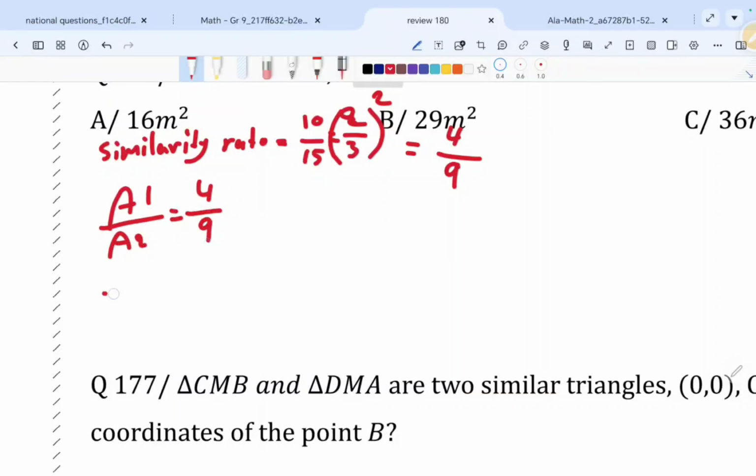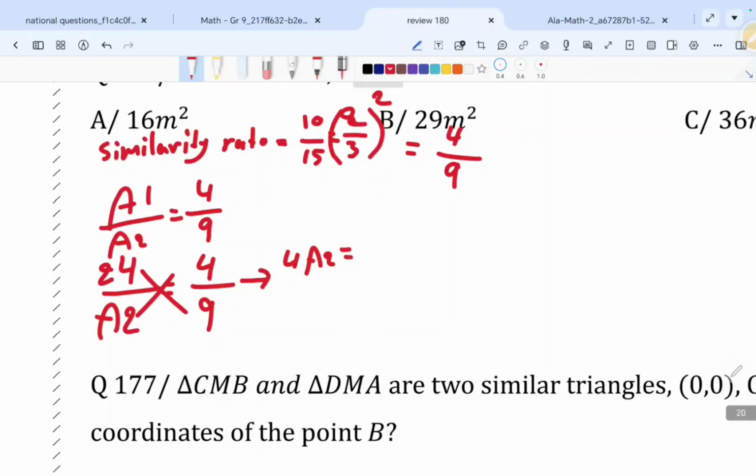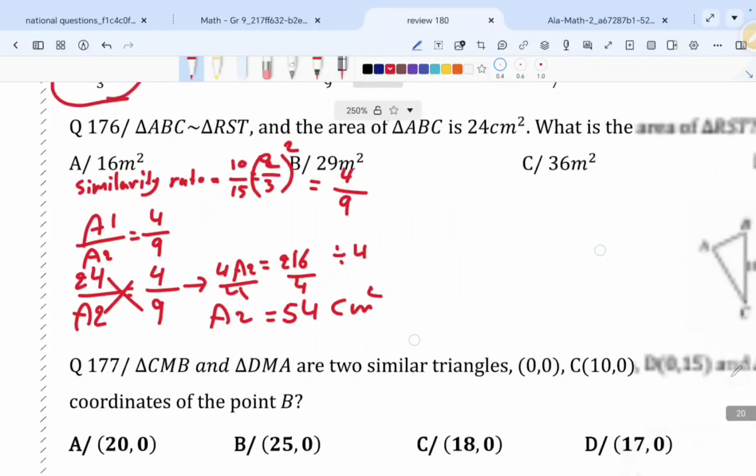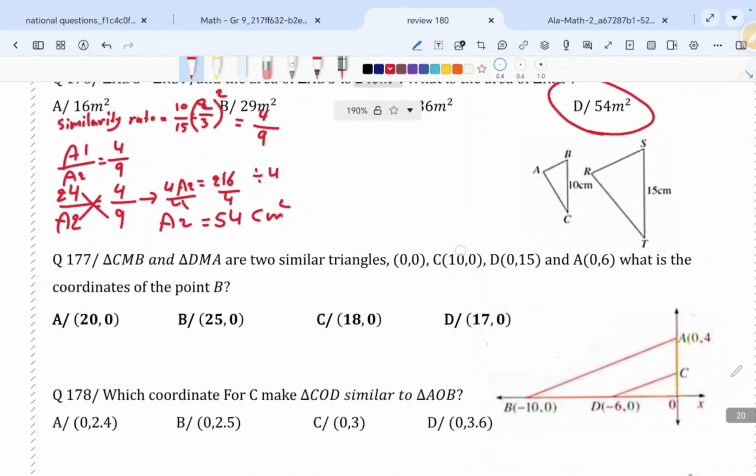Area 1 is equal to 24. Area 2, we don't know, you have to find it. Cross product again, 4 area 2 is equal to 24 times 9 is equal to 216. Divided by 4, divided by 4, divided by 4. Area 2 is equal to 54 square centimeters. So 54 is the correct answer.